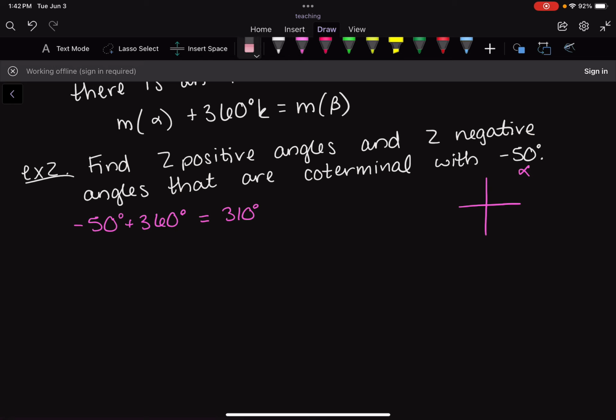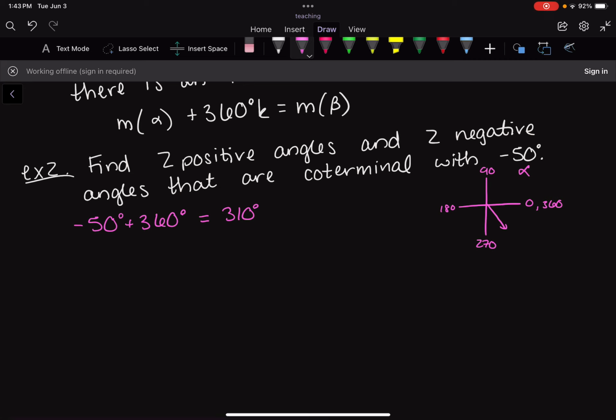Because remember, this is 0, 90, 180, 270, wrapping around to 360. So negative 50 said, okay, I went this way. 310 said, okay, I went this way. But in both of these situations, I got the exact same angle, placement-wise.